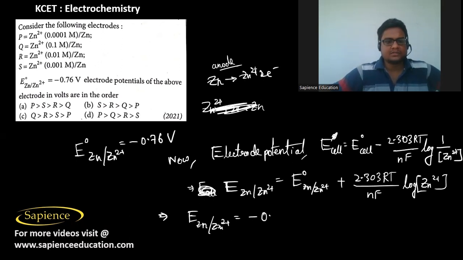So here the reduction potential has been asked, we have to find it out. So this will be equal to E naught cell. Here Zn2+ is changing to Zn.